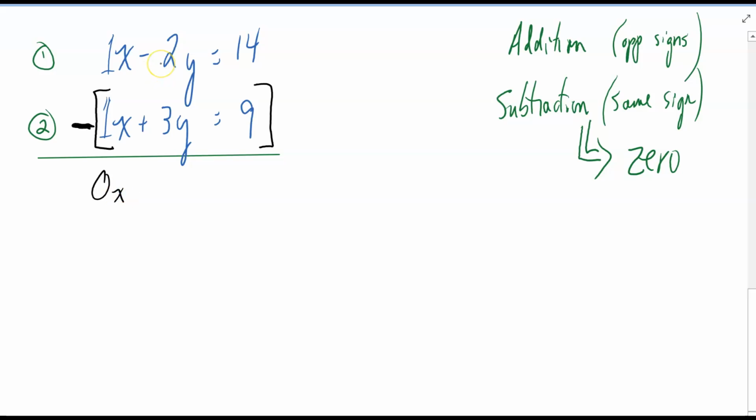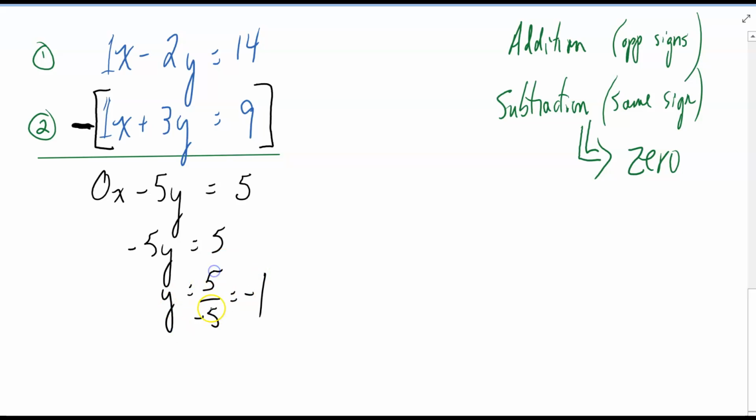Minus 2y subtract positive 3y is minus 5y. And 14 subtract 9 is 5. So minus 5y equals 5, or y equals 5 over minus 5, which is minus 1. That's half of the answer.